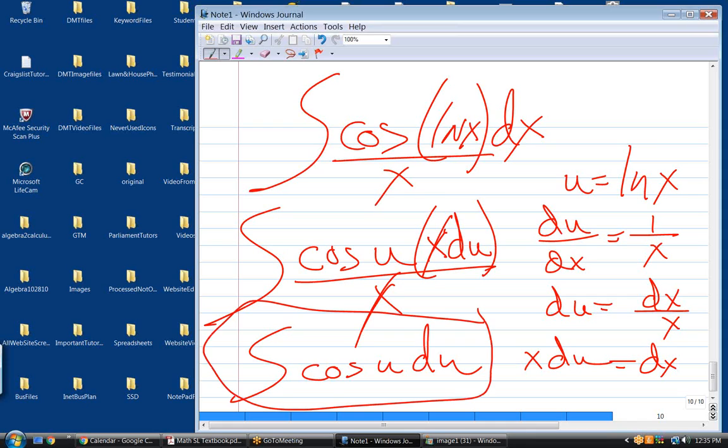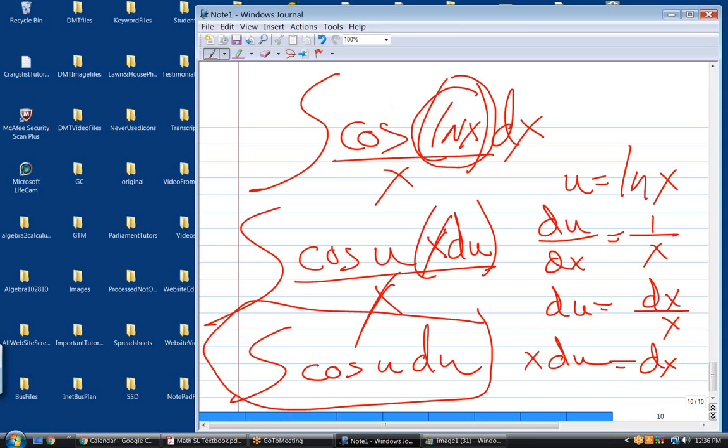Once you get the entire integral in u, and it's a simple integral, you can integrate it. But notice the difference here. In this problem, the derivative of the inside was in my denominator, not my numerator. 95% of the time, the derivative of the inside is going to be in your numerator.